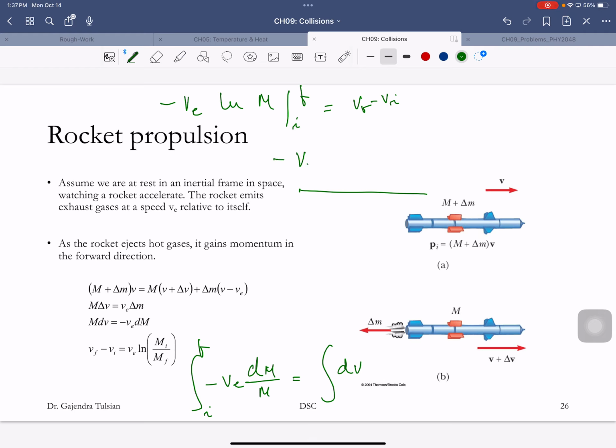Minus VE log M final minus, and then we'll absorb this minus sign.